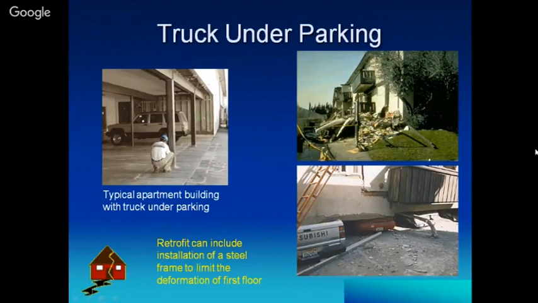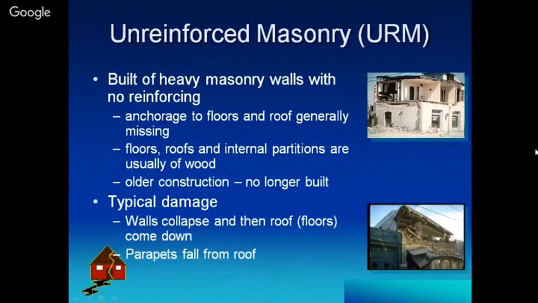That can be explained with another example which you can see here, where we have shown the parking lot, and it completely collapsed due to that reason only. A retrofit can include installation of a steel frame to limit the deformation of the first floor.